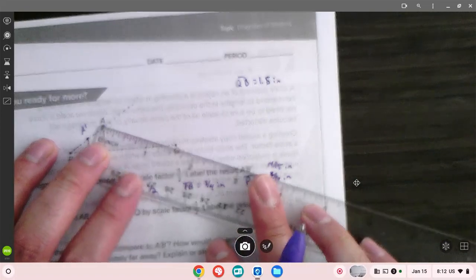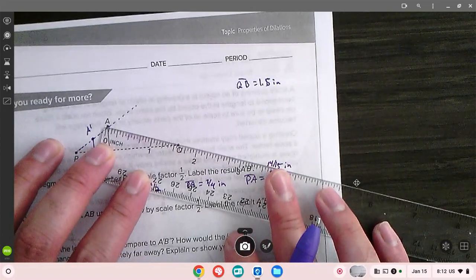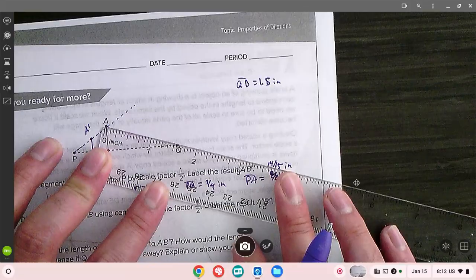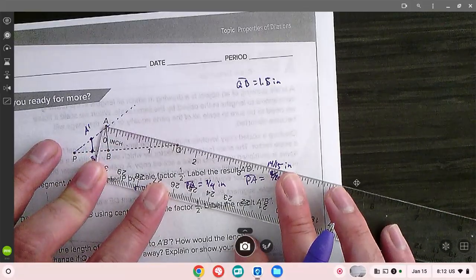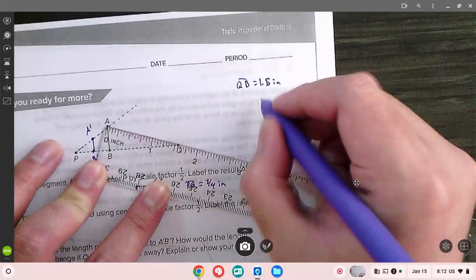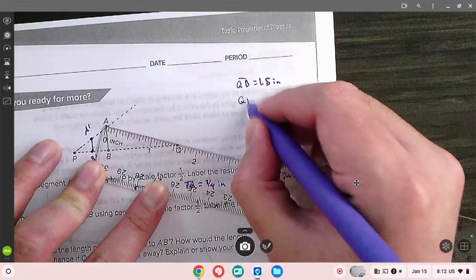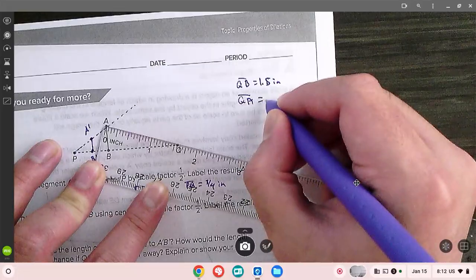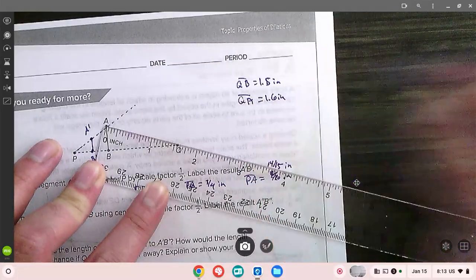And from Q to A, it's a little bit longer than 1.5. I would say 1.6. So Q to A is equal to 1.6 inches.